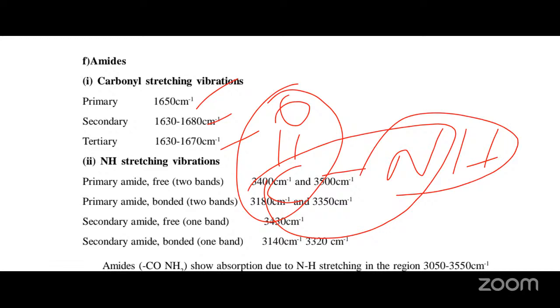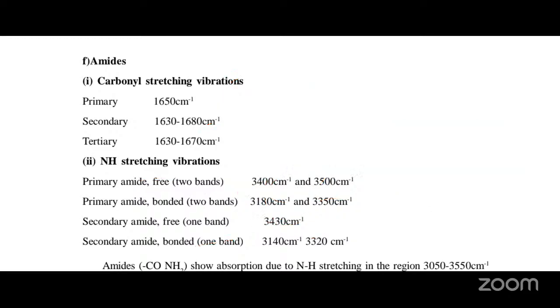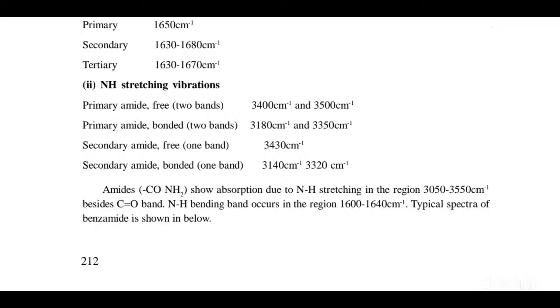For the NH stretching frequency, two bands are observed at 3400 to 3500 in the primary amide. One is free and one is bonded, meaning hydrogen bonded, at 3100 to 3300. Secondary amides you can see at 3430, and the secondary amide with hydrogen bonding at 3140.